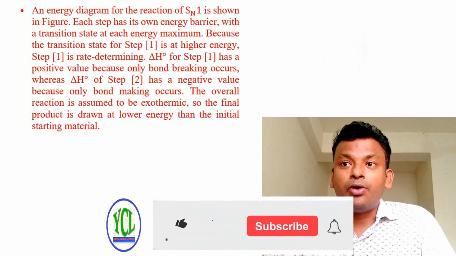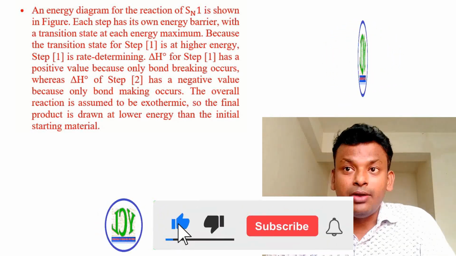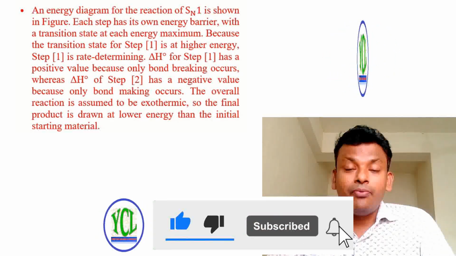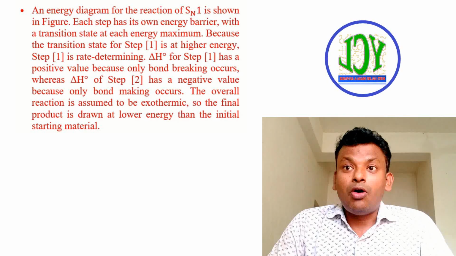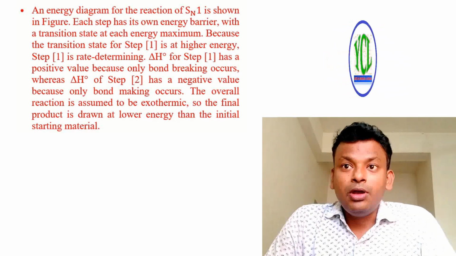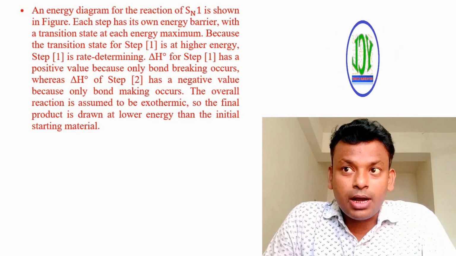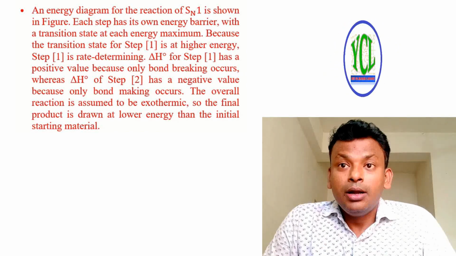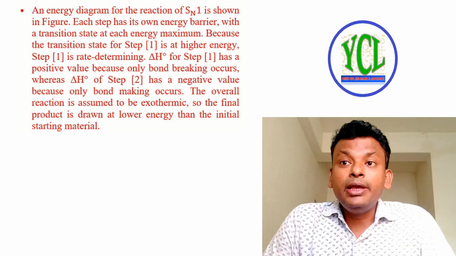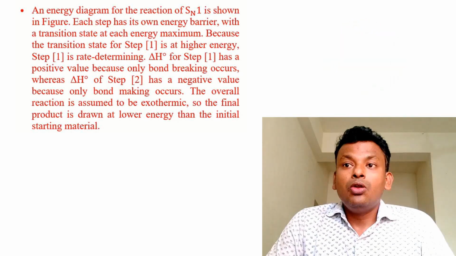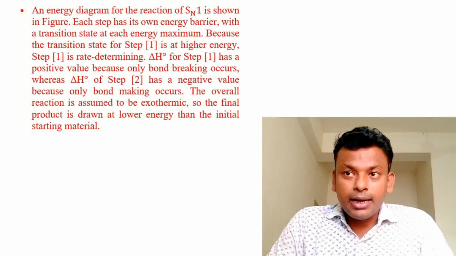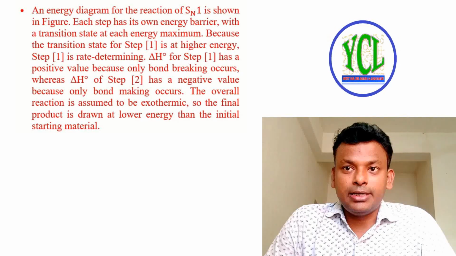Delta H for step 1 has a positive value because only bond breaking occurs, whereas delta H of step 2 has a negative value because here bond making occurs. The overall reaction is assumed to be exothermic, so the final product is drawn at lower energy than the initial starting material.